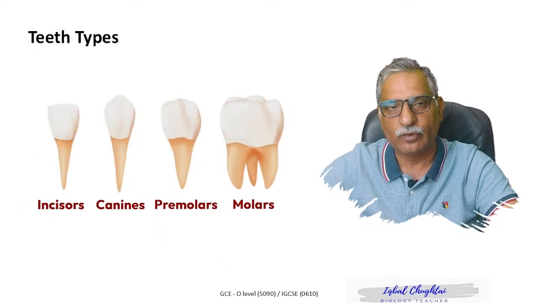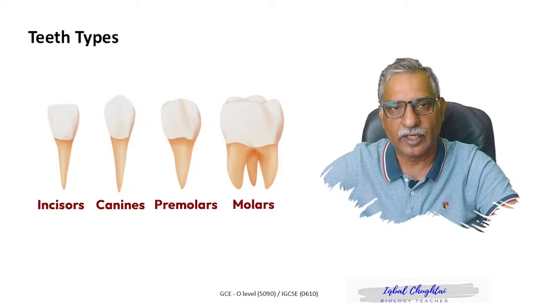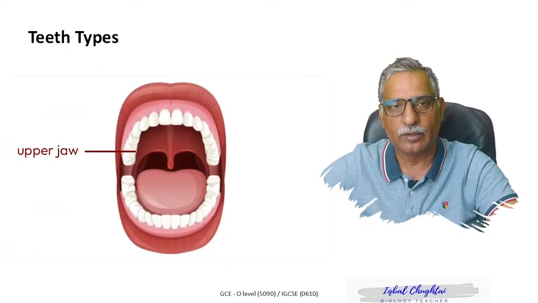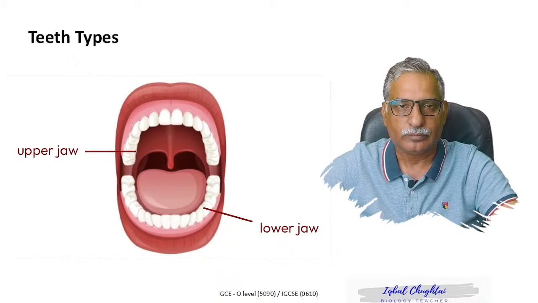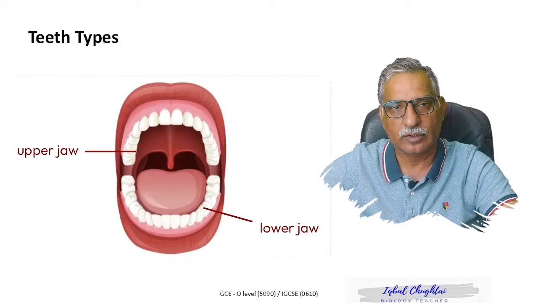So these 4 different types of teeth are arranged in 2 jaws, the upper jaw and the lower jaw, and there is a sequence of these teeth in the human mouth. Remember, we are discussing the teeth found in the human mouth.